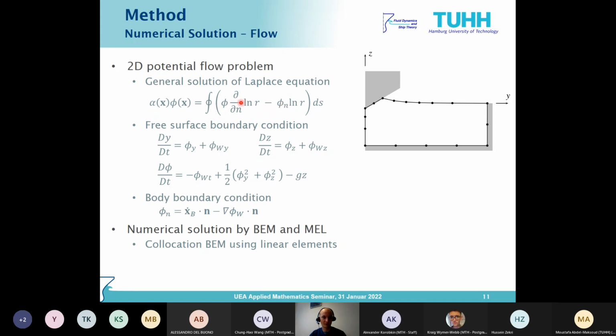So if we know phi, for example, from the equation, we can get phi n. So this is basically how we do it. We have our domain, and we divide it into panels, boundary elements, so to say.